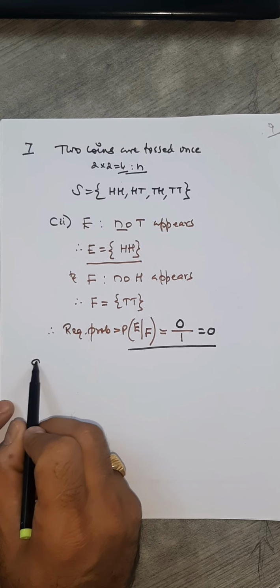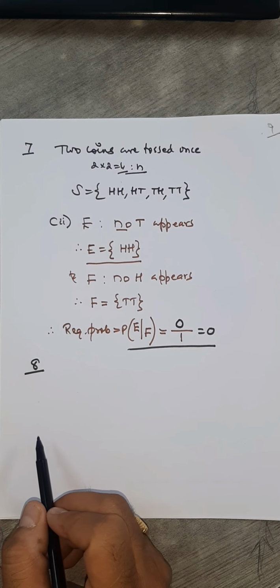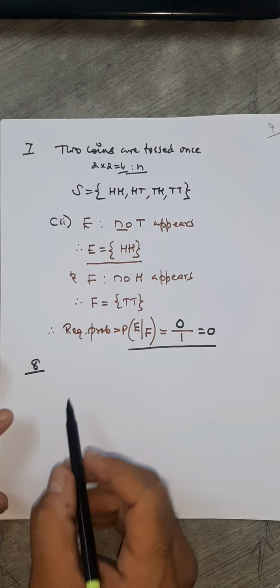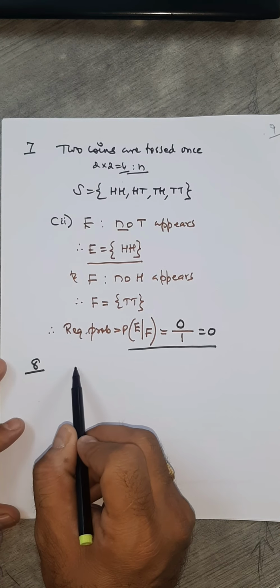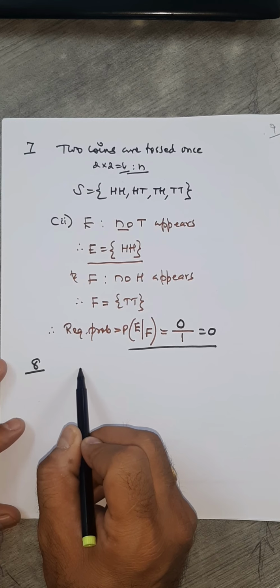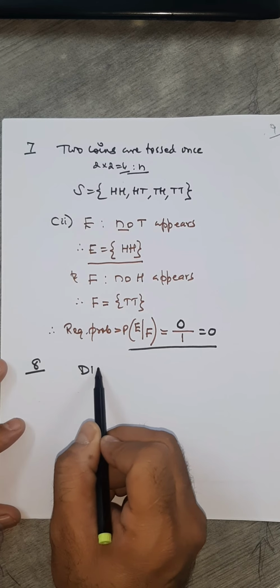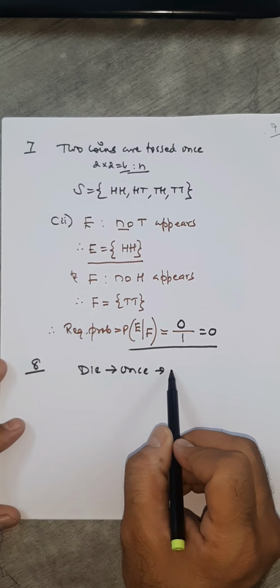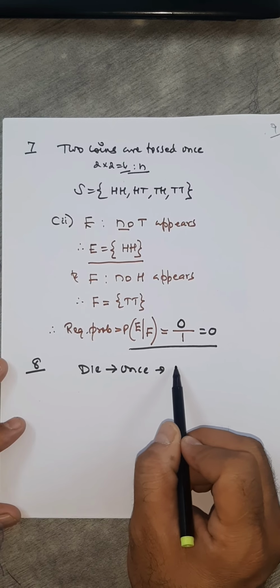Question number 8. A die is thrown 3 times. Okay. So you know, if a die is tossed once, you have outcomes 1 up to 6.